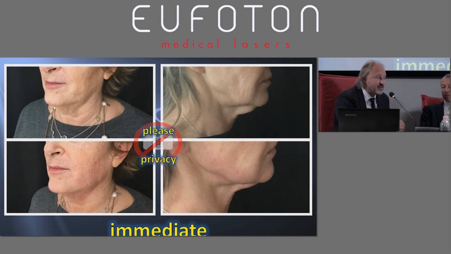Something important in the neck treatment: lipolysis of the central part of the neck is sometimes very effective. So effective that it can create a problem, because sometimes we see platysmal bands which were not visible before.